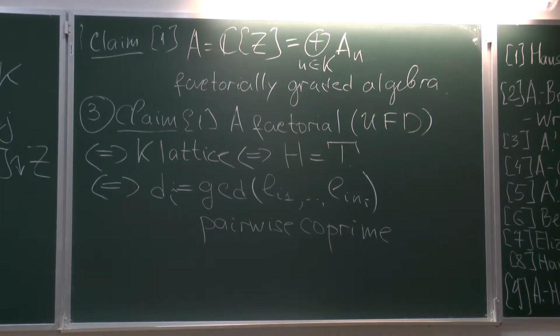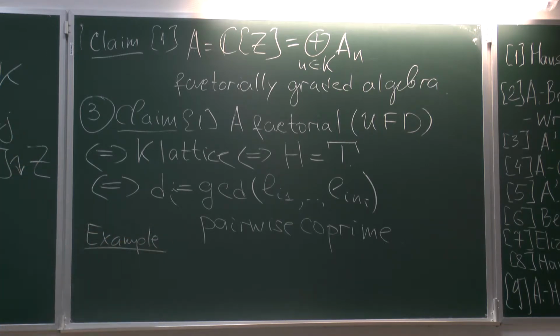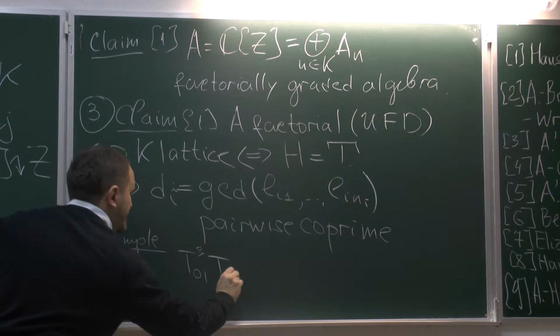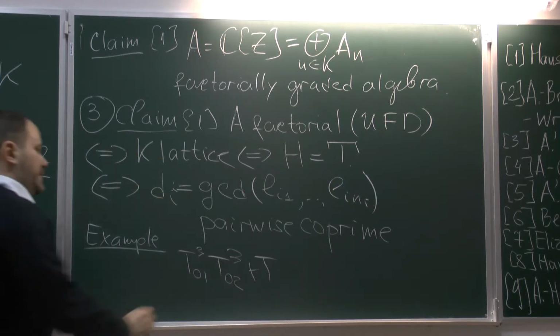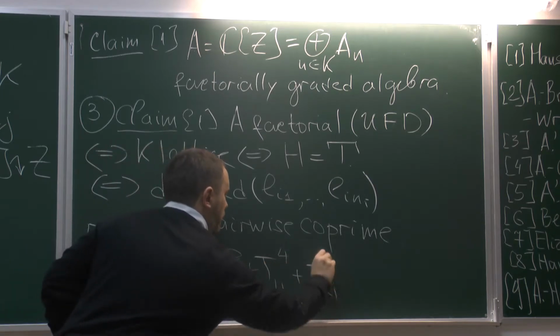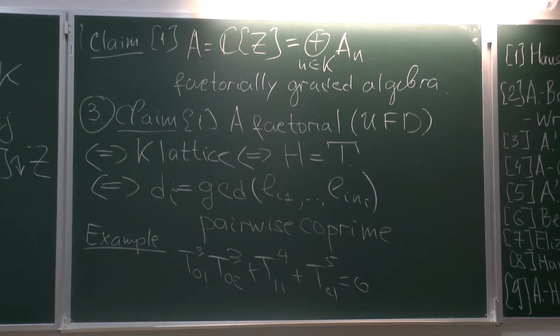Say, an example. I should write some trinomial explicitly, so I will do. If I take, I don't know, something like this, plus something like this, here 4, and say the next one is 5, and this is equal to 0, then the corresponding hypersurface is factorial.